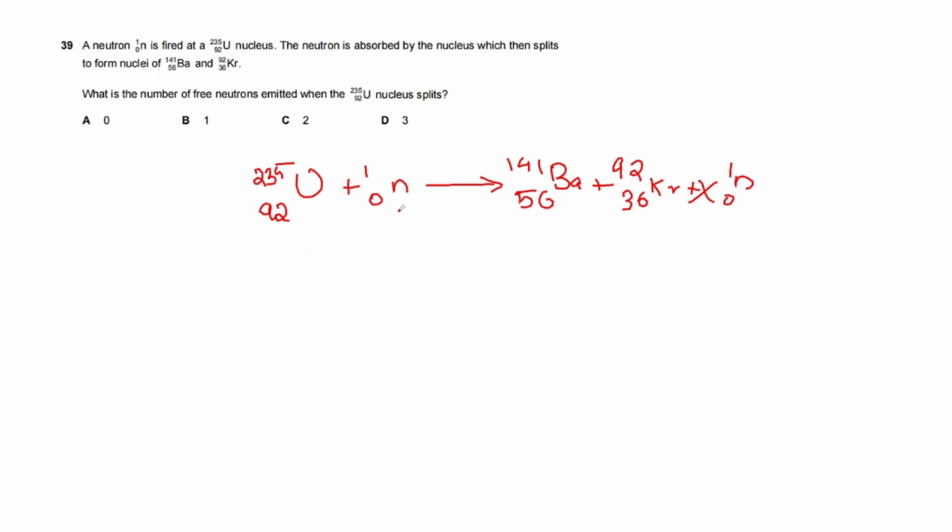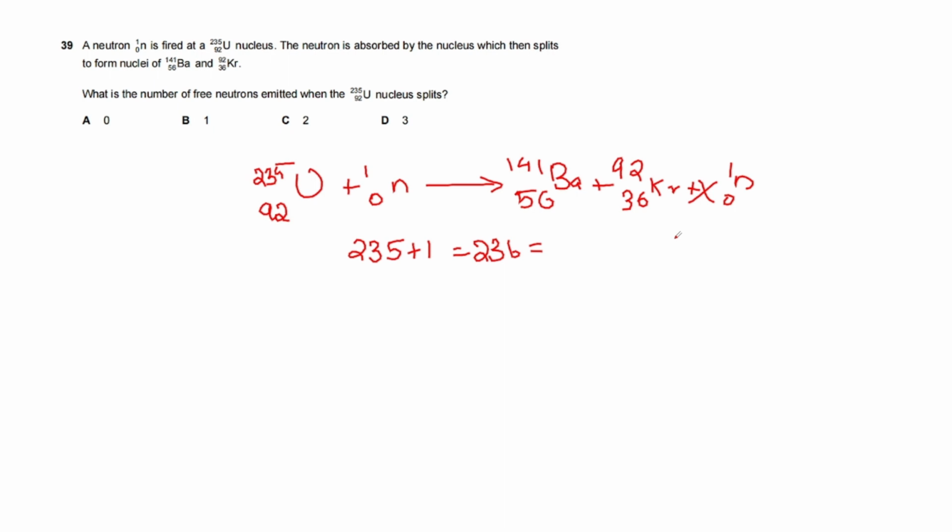Okay, so in a nuclide equation, both the proton number and the mass number will be conserved. You don't have to check the proton number because here it is 0; the charge of a neutron is 0, so you don't have to waste your time. Just check the mass number. On the left hand side, it is 235 plus 1, which means 236.